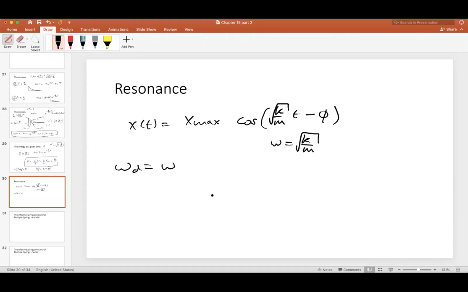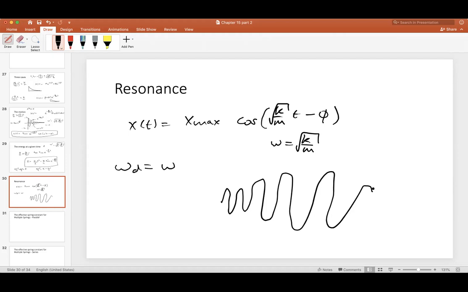Well, I guess you always put it. But at resonance, you could theoretically put it in at this perfect frequency, and you would just drive it. And what would happen is, as it goes back and forth, it's getting bigger and bigger and bigger as you're adding more and more and more.